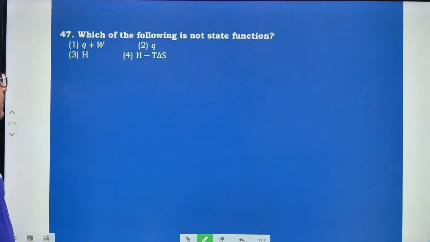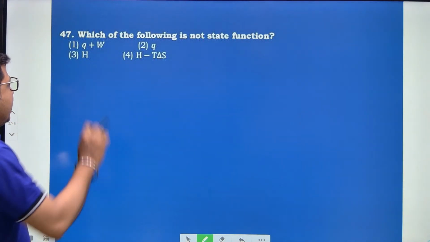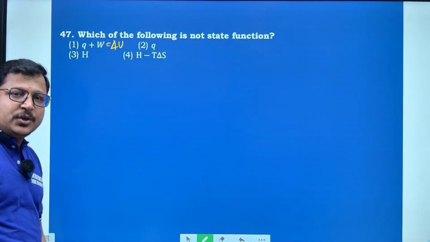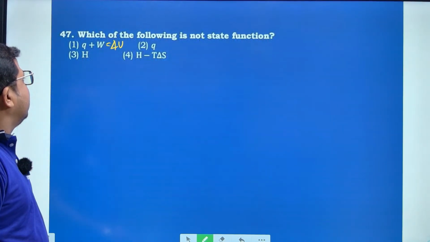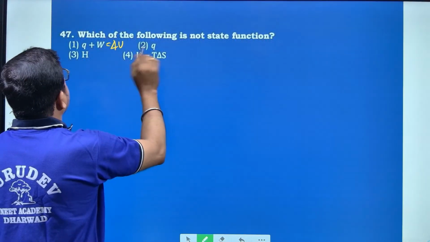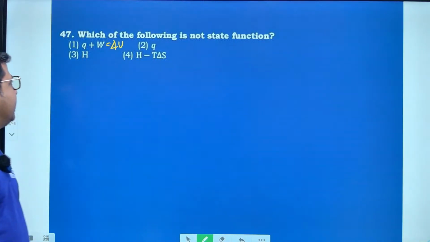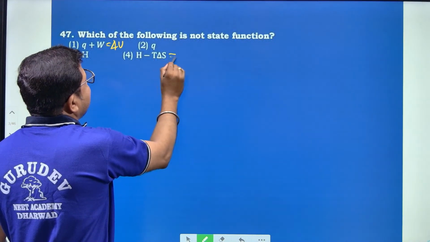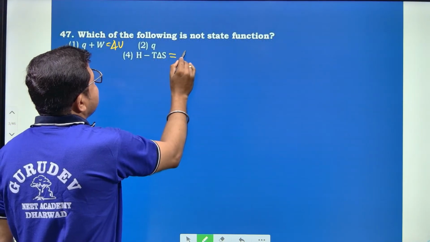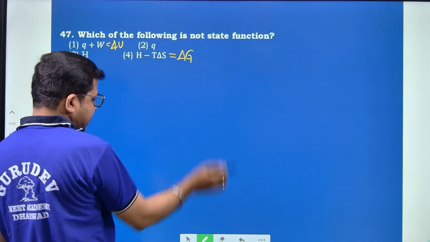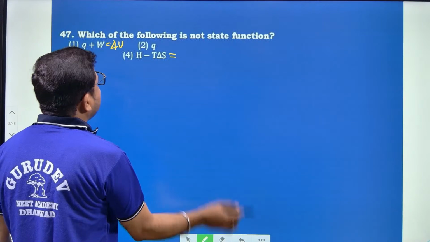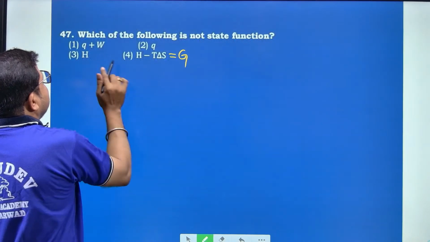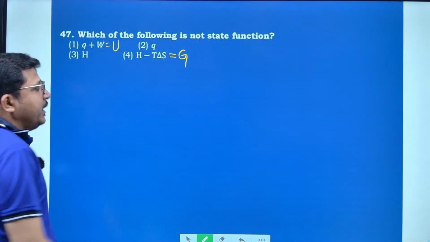Which of the following is not a state function? Look at here. This one is delta U. Delta U is equal to Q plus W, which is the internal energy. Option number 3, they have given H, means the enthalpy, and in option number 4 they have given H minus TS, which is nothing but delta G or G. G is nothing but free energy.